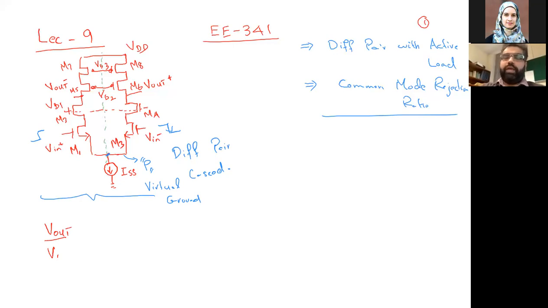For example, we can write for this part, using these variables, V out negative by V in positive.